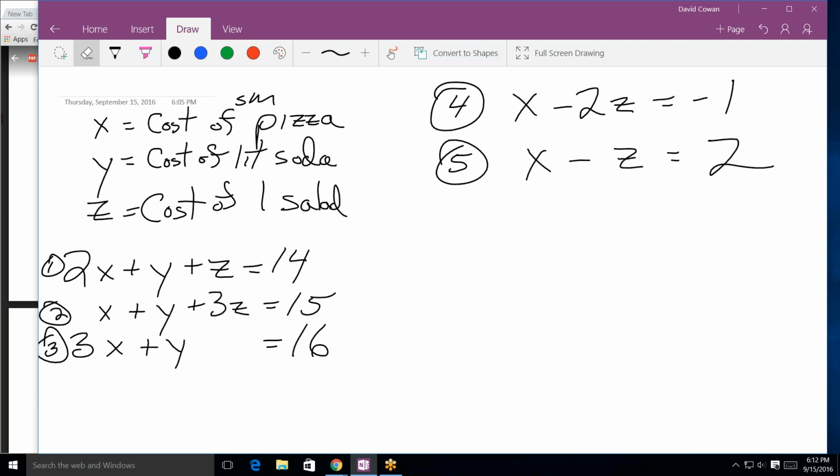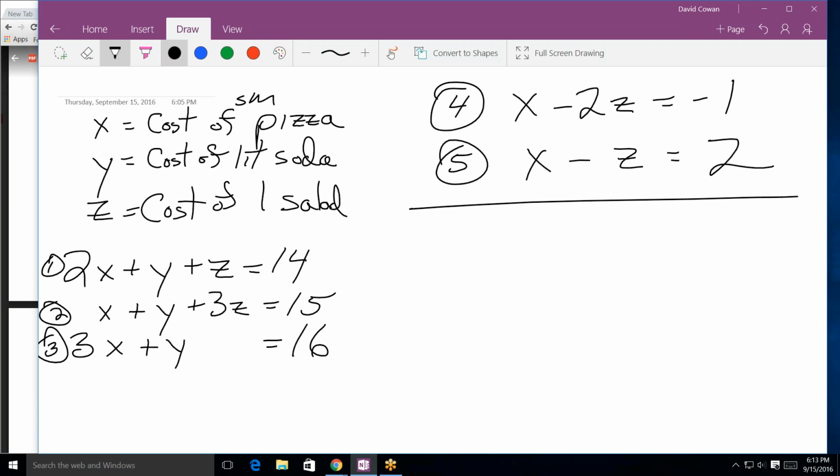You would have ended up with a positive z. So there's a little bit of an art to figuring out which equations to use and whether you want to subtract or add them. But nonetheless, we've got an equation 4 and 5.